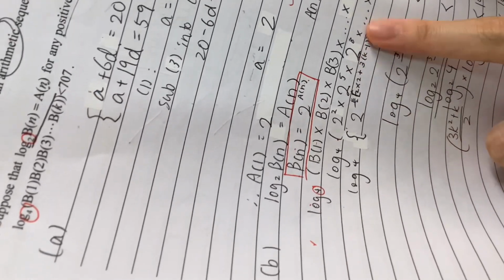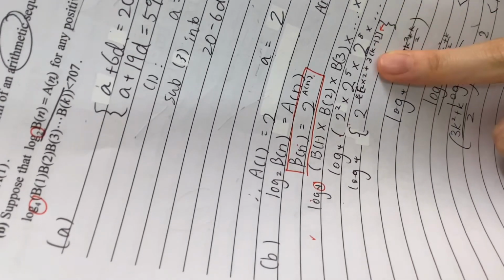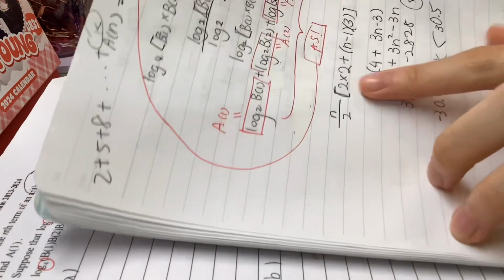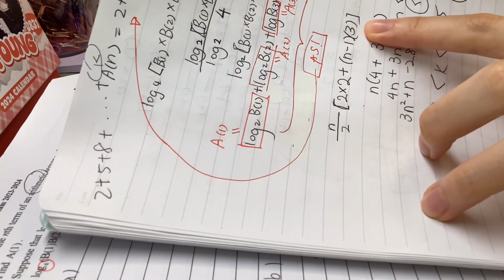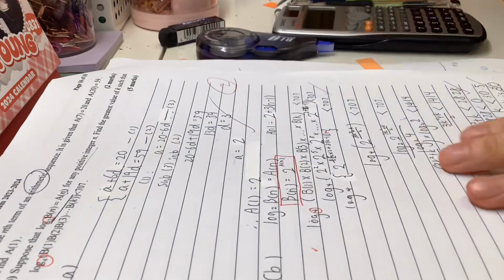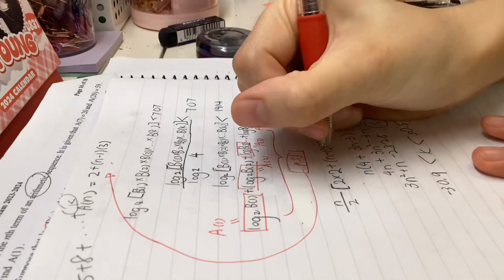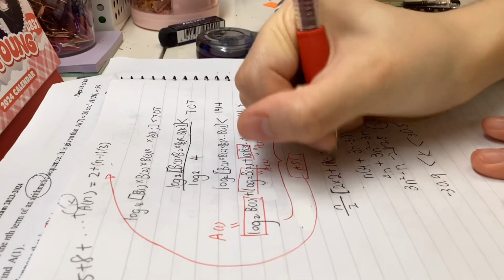This is the same sum of AS equation as I did over here. It should be the same. The numbers are a bit different, I think. No, they're exactly the same. Oh, sorry, this is K. As I mentioned, it's the same.